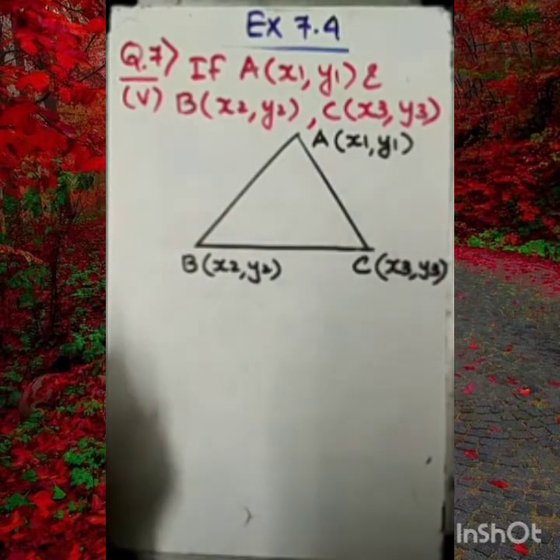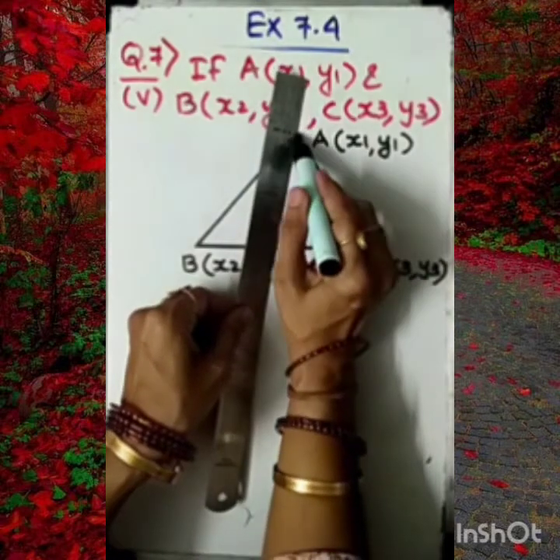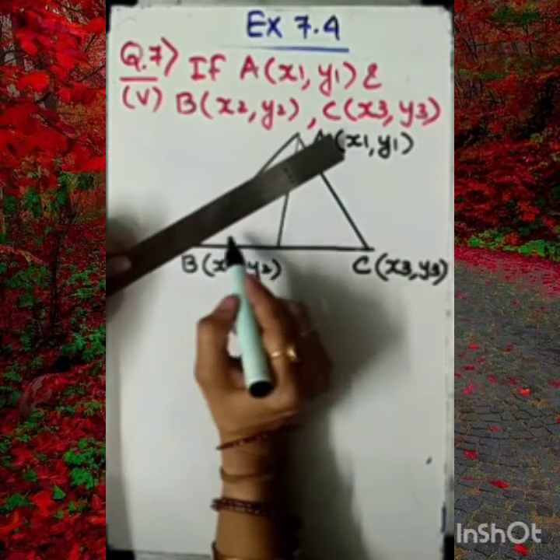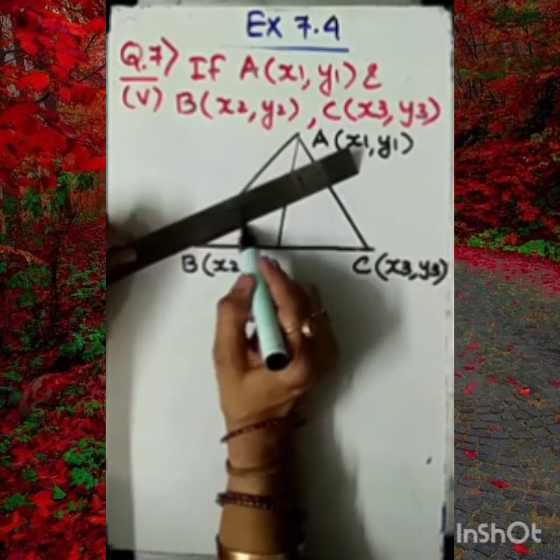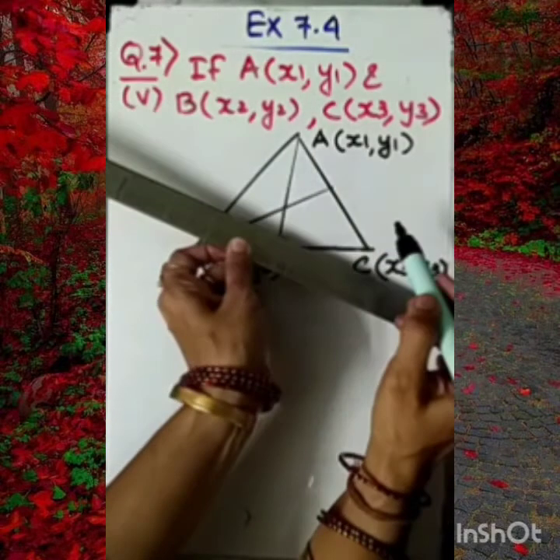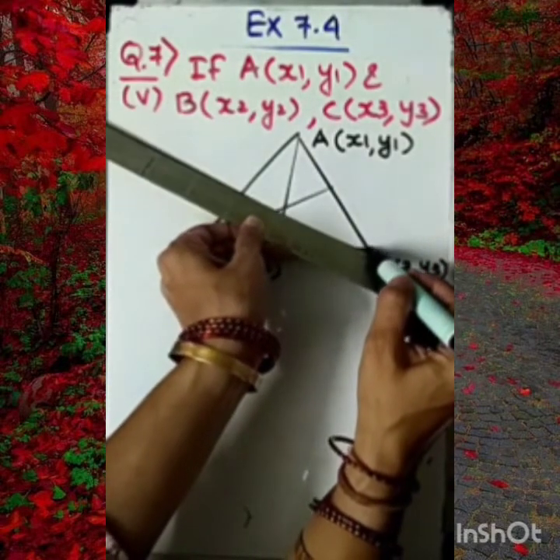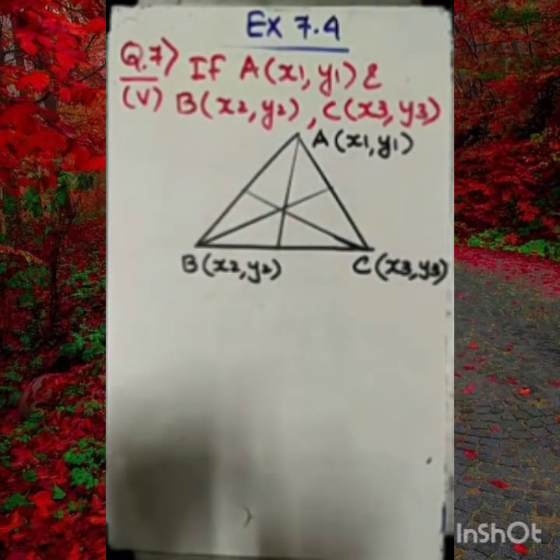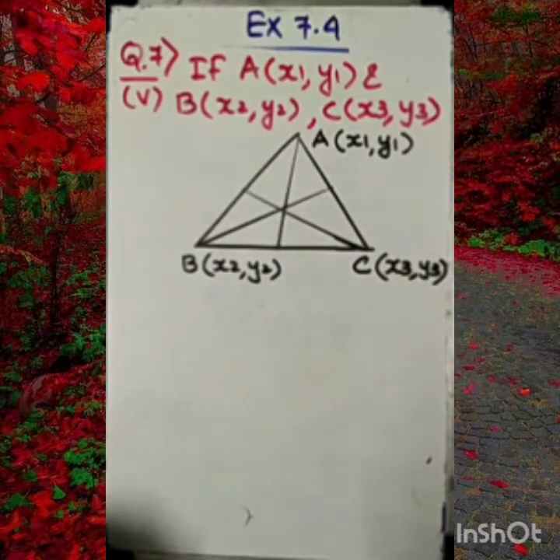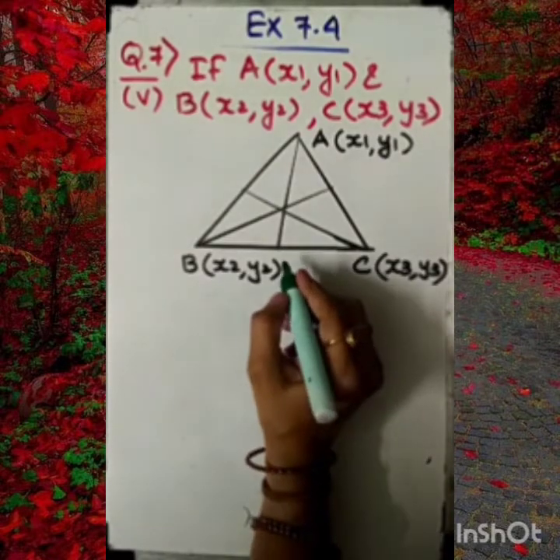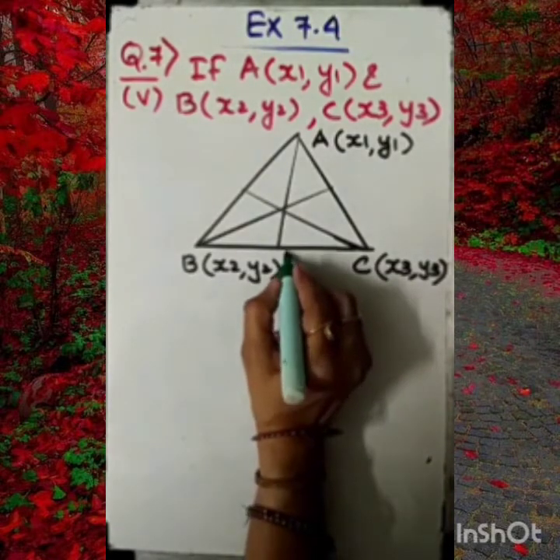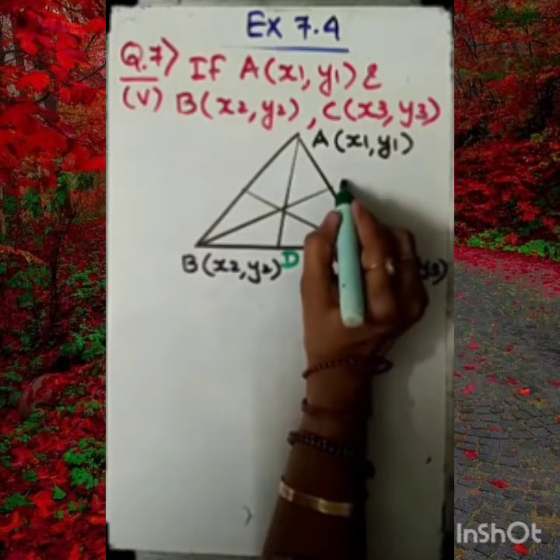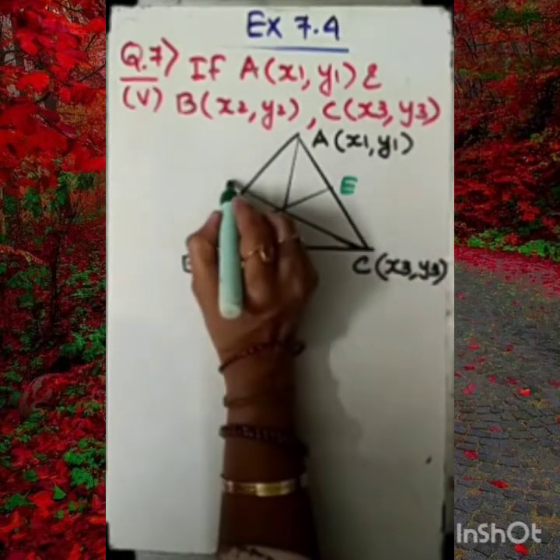Got it? Now I am drawing the three medians of it. You can see these are the medians which divide the opposite side of the triangle into two equal parts. I need to mention the names of these medians, as already in the previous questions. This was D, this was E, and of course this is F.